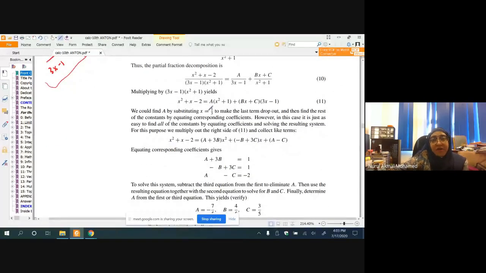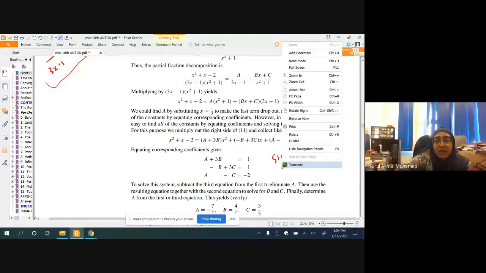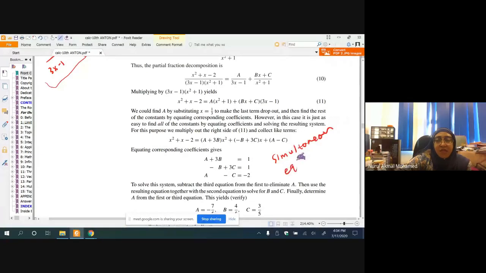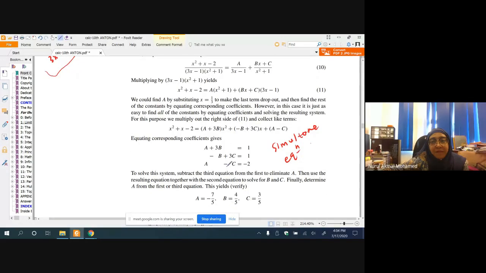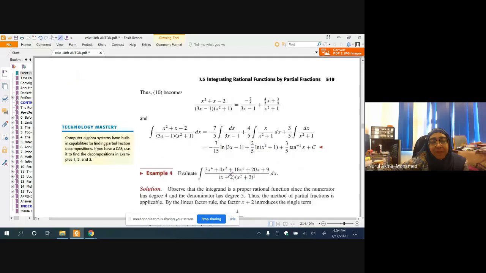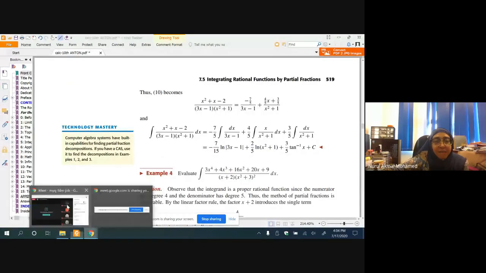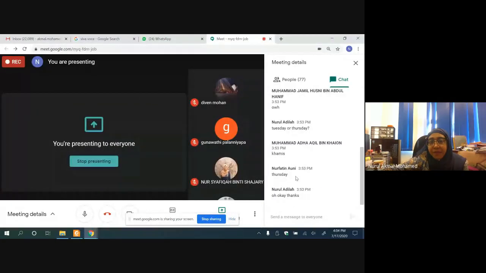And after that, of course, you have to simplify in order to get A, B, and C. You might as well use simultaneous equations in solving the equations. Any questions? Is it okay?